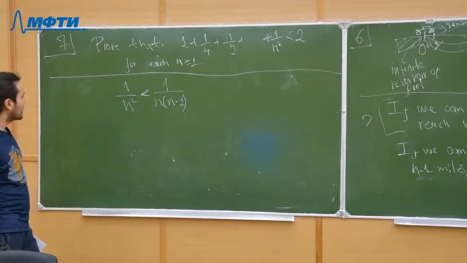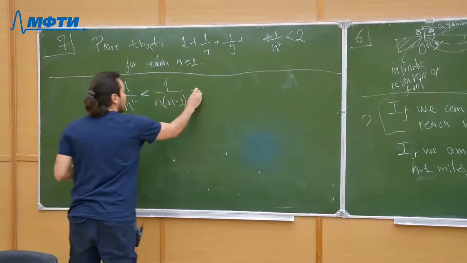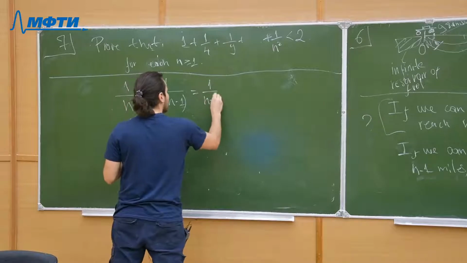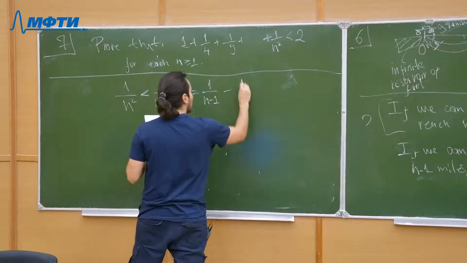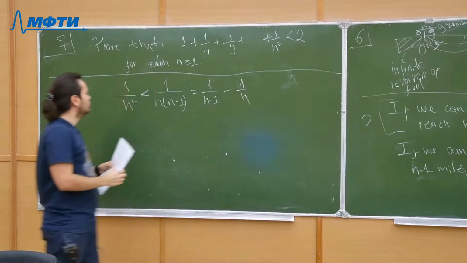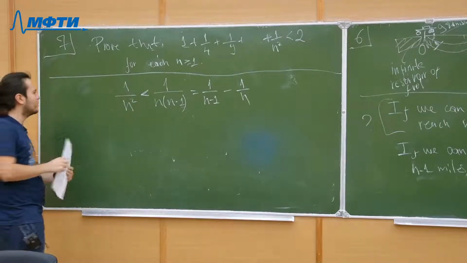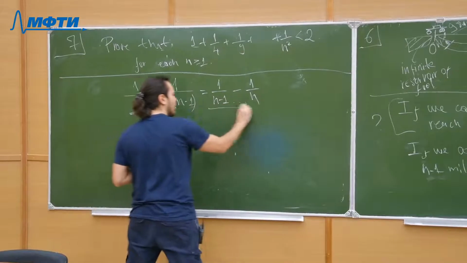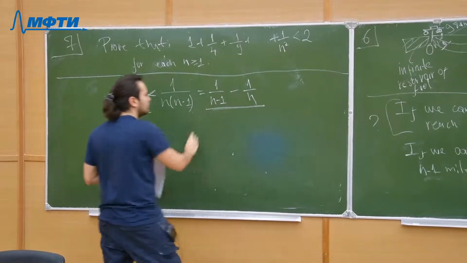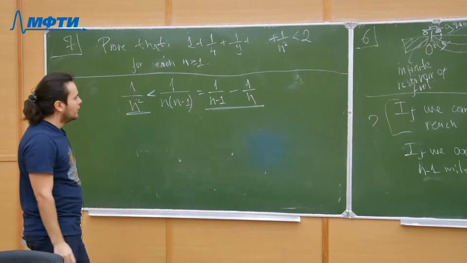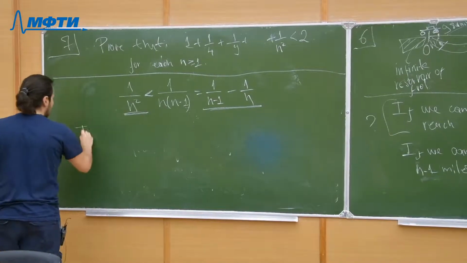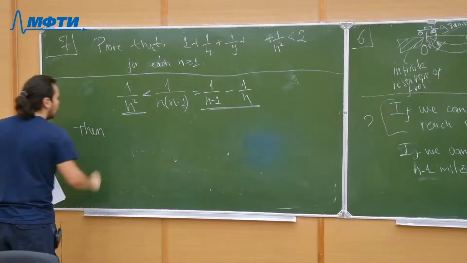Now, this is equal to what? This is equal to 1 over n minus 1 minus 1 over n, right? So we have that 1 over n squared is less than this thing here. Then look at this.